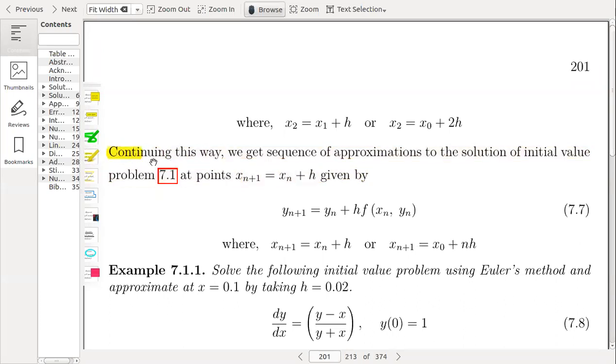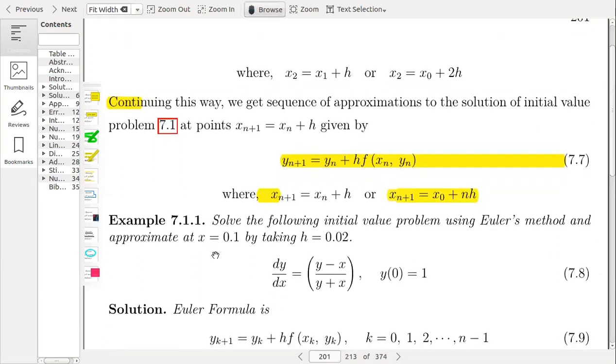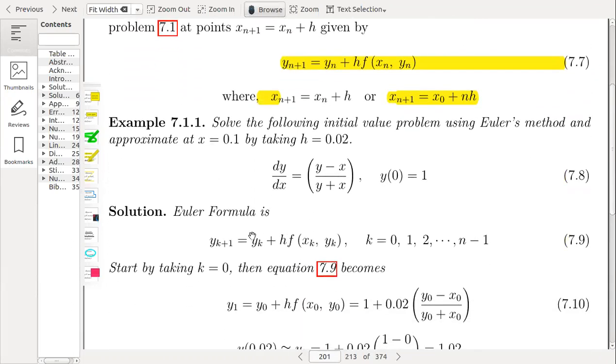In this way, we can get a generalized form of Euler's method: yn plus 1 is equal to yn plus h times the value of the function at xn, yn, where xn plus 1 is equal to xn plus h, or xn plus 1 can be written as x naught plus nh. So it is easy to solve problems with Euler's method.